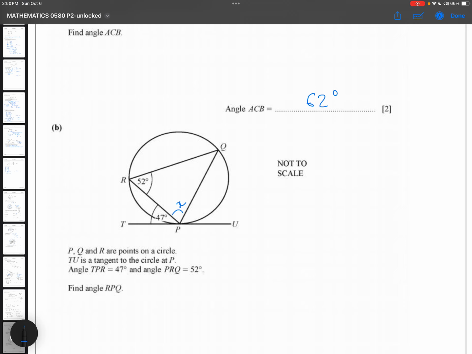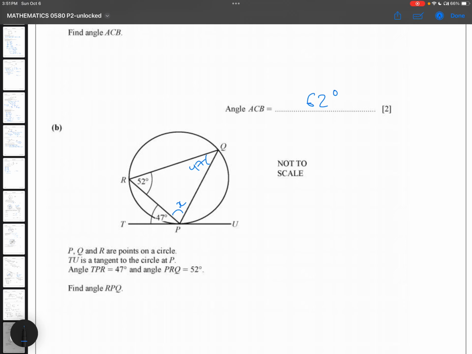Now 47 is the angle between the chord PR and the tangent TU. The angle between the chord and tangent is equal to the angle subtended by the same chord in the opposite segment. So this angle RQP will also be equal to 47.